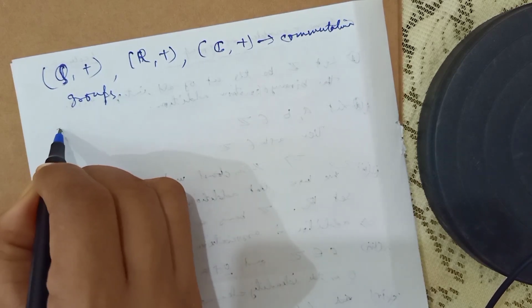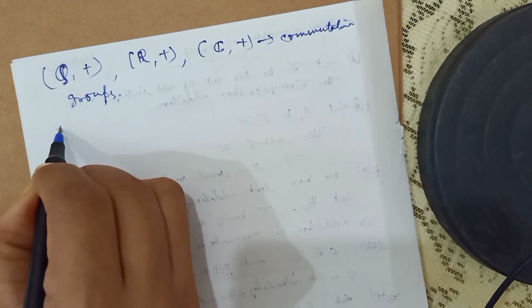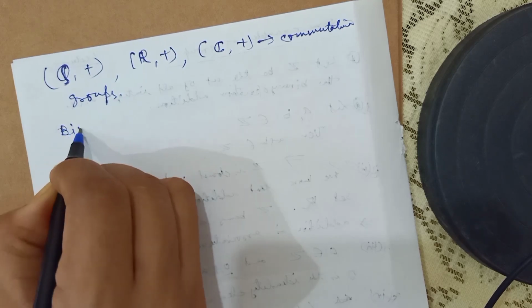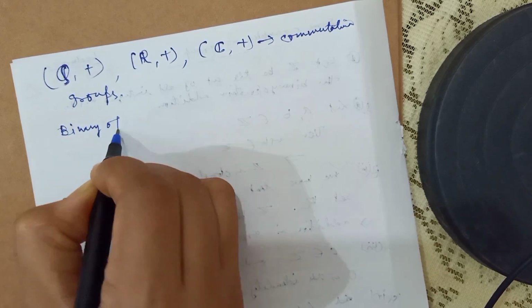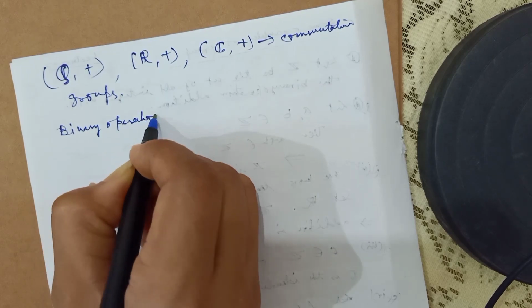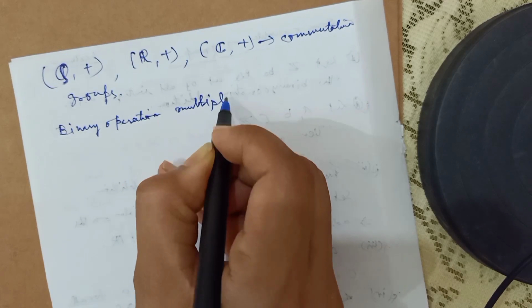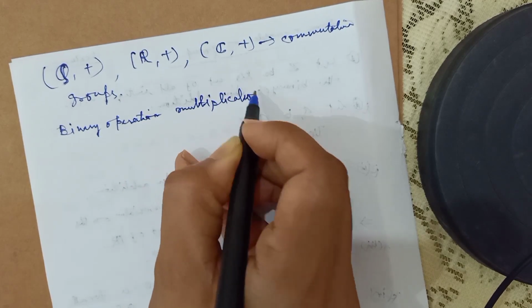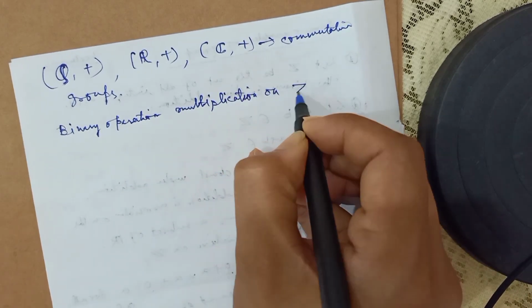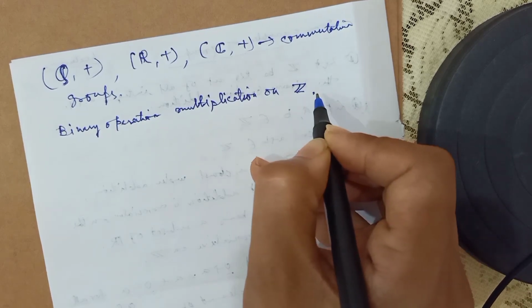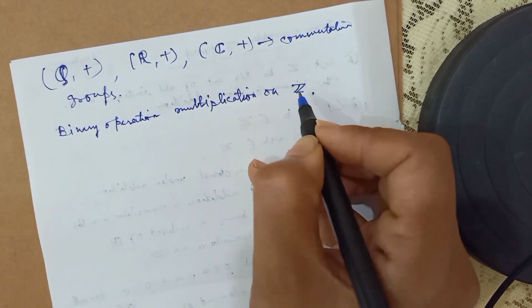Now here we take the binary operation multiplication on Z, the set of all integers. Then what happens?